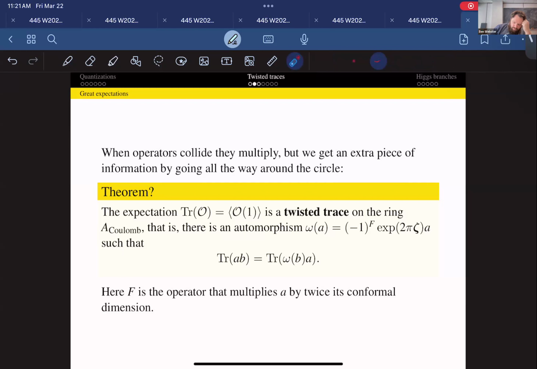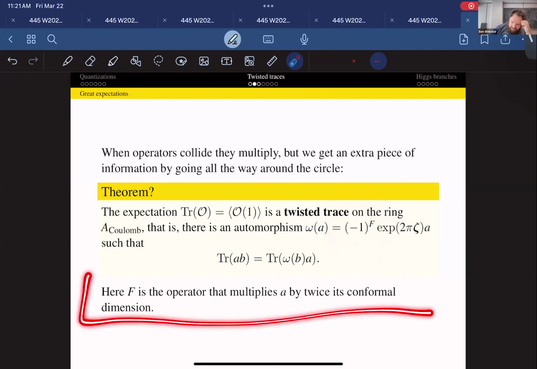And what's the twist? Well, I have this term that comes from the Fi parameter, from the actual moving things around, the fact that my operators evolve as I go around the circle. This is one of these points where I just say, people keep telling me it's there. I can't explain very well why this is there, but signs show up in places in physics. That's life.